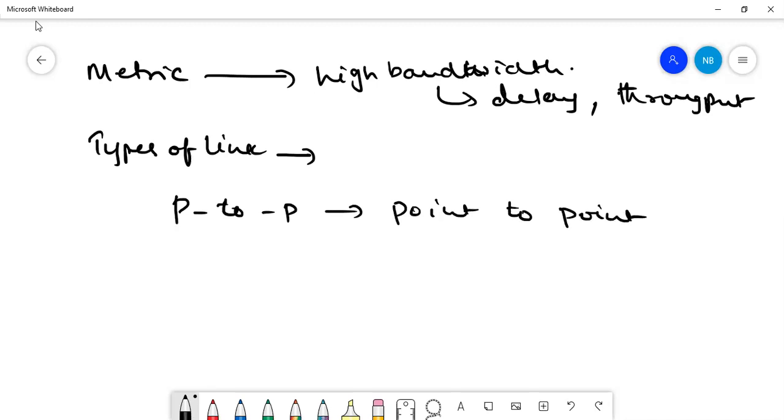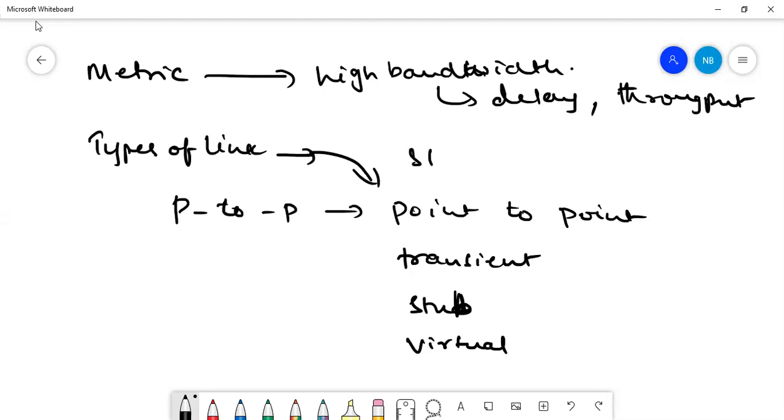Second one is transient connection. Third one is stub. And the fourth one is virtual. Okay, these are the different types of links which are adapted by the OSPF protocol.